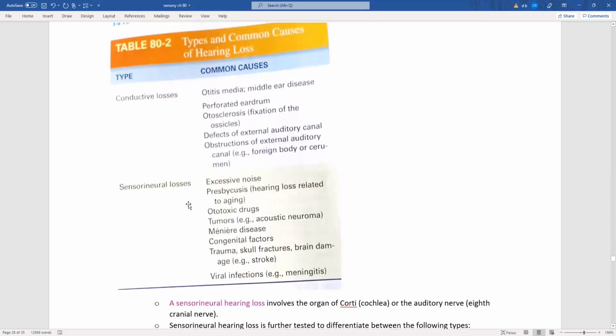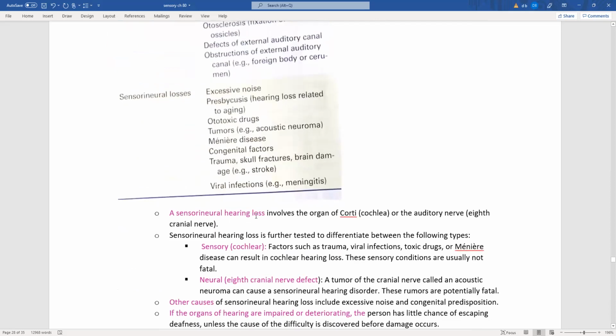Notice, very important. A sensory hearing loss involves the organ of Corti, which is the cochlea, or the auditory nerve, the eighth cranial nerve.